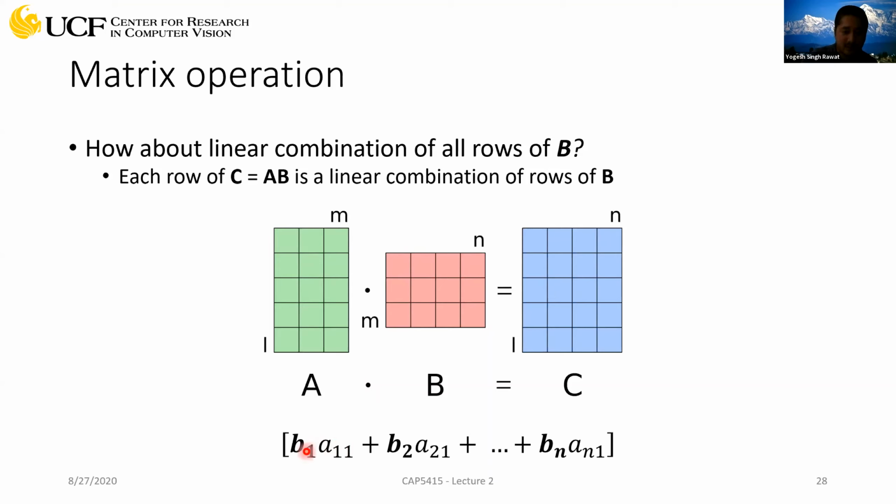So this B1 is this first row here. All right, so you multiply this row with the first number, the second row with the second number, the third row with the third number, and you just take the linear combination, you get the first row.